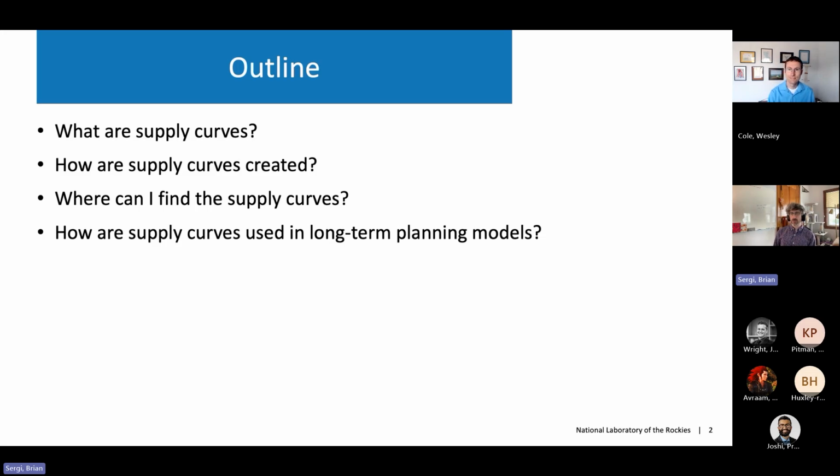And then we'll close out by pointing to where you can find the supply curves, so the data and documentation for them, and talk a little bit about some studies we've done that explore how the supply curves interact with and impact the results you see from long-term planning models.